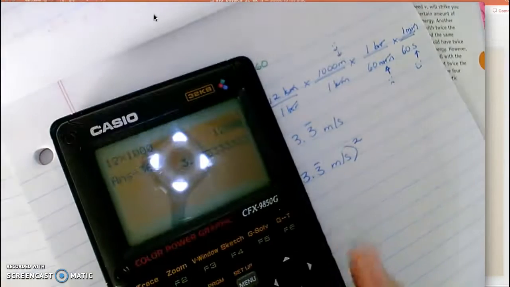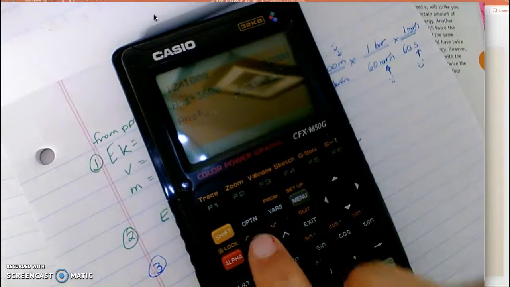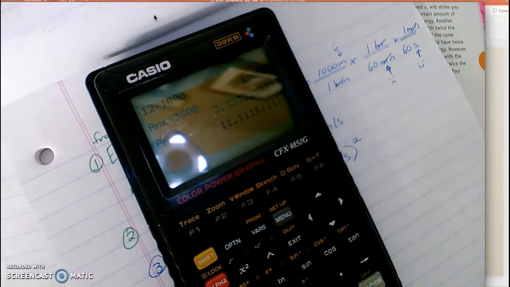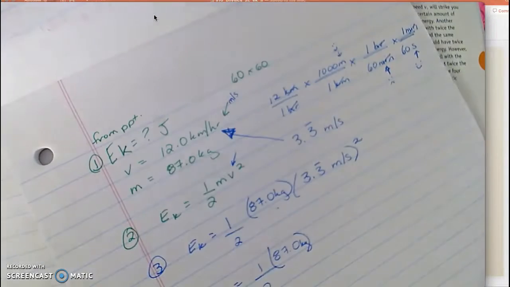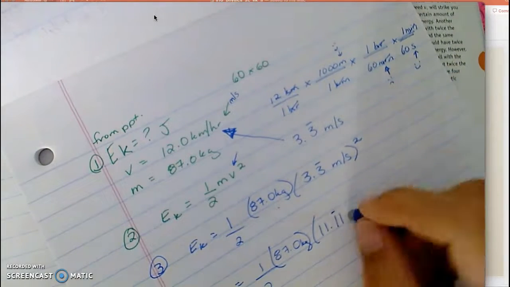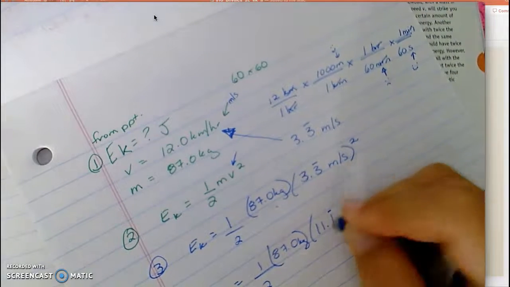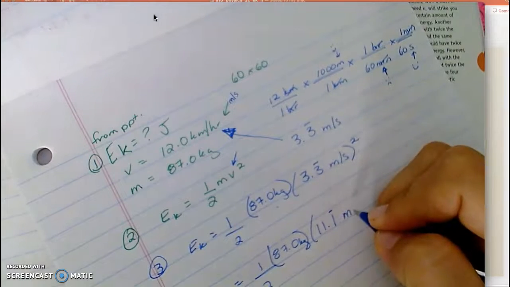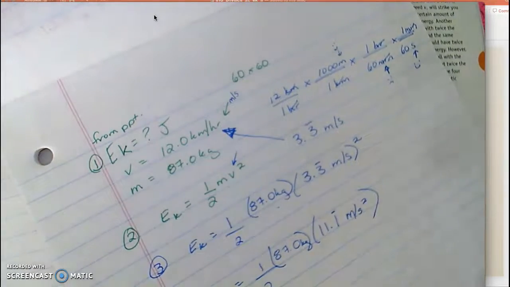So I'm going to put 3.33333 squared. That's this button on my calculator. And it's 11.111111, I'll just put repeating. And that's in meters per second, which is good. We like meters per second.